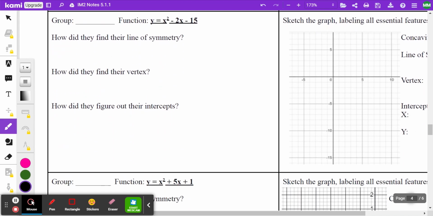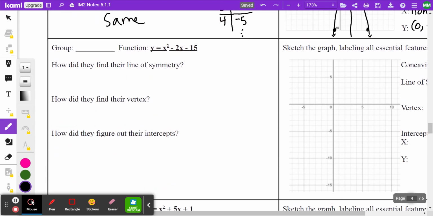Okay, and 2 more. Here we go. I have y equals x squared minus 2x minus 15. And I'll start at -2.